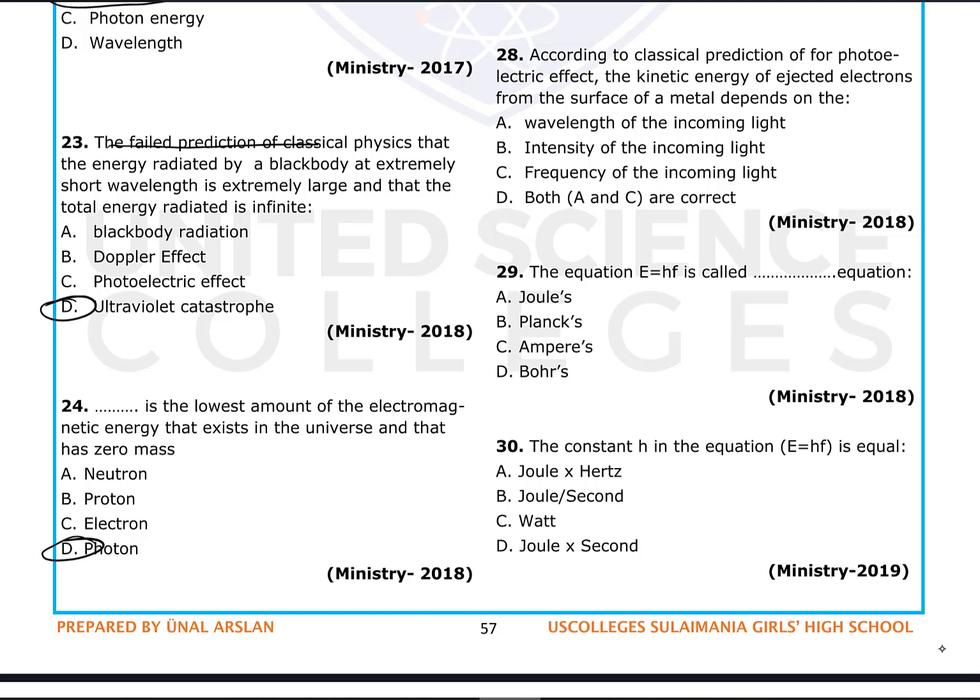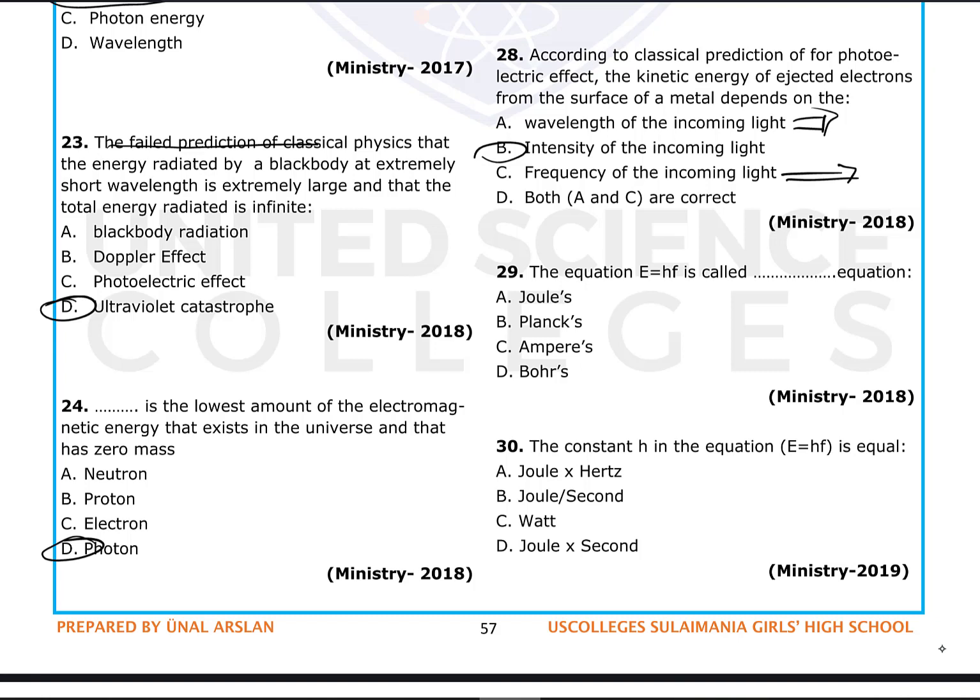And intensity of the incoming light is the correct answer. But after the experiment, it's observed that no, it does not depend on intensity. It depends on the frequency of a single photon or energy of a single photon. Of course, frequency, a single photon's wavelength, or energy.